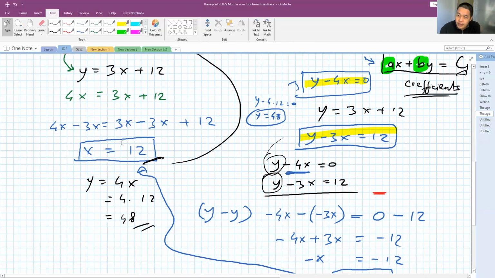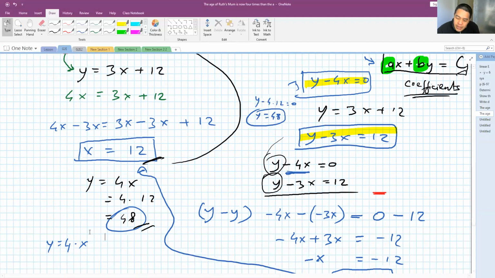For example, you have y equals 4x. From the answer that we got before, it's quite obvious: 48 equals 4 times 12. So basically what I'm trying to say is to check the answer that you got from this calculation directly in the equation.